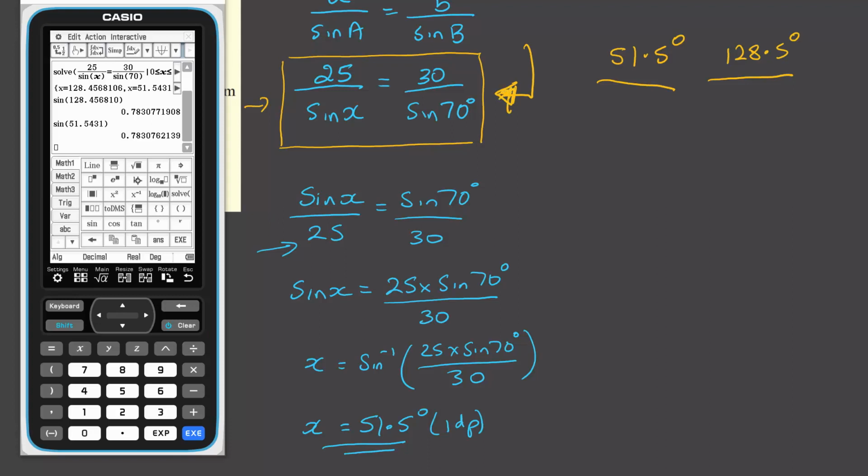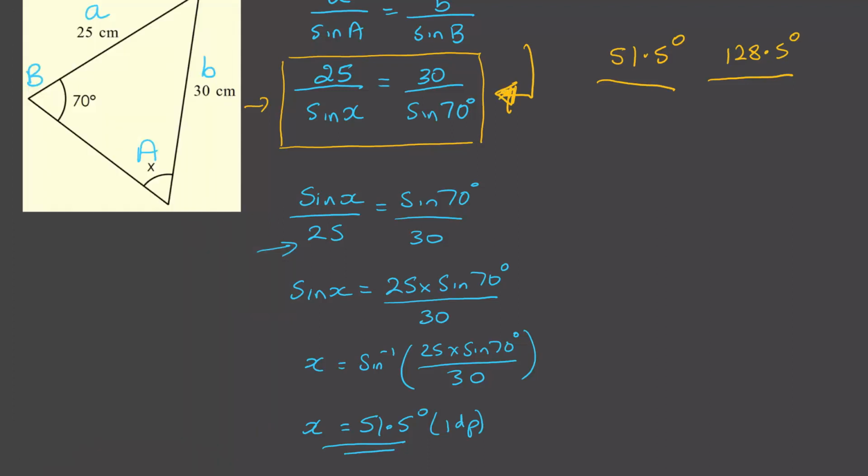The question is, do they both work for our actual triangle? And in this case, I think the answer is no, because we already had a 70-degree angle. And 70 plus 51.5 degrees, well, that's absolutely fine.